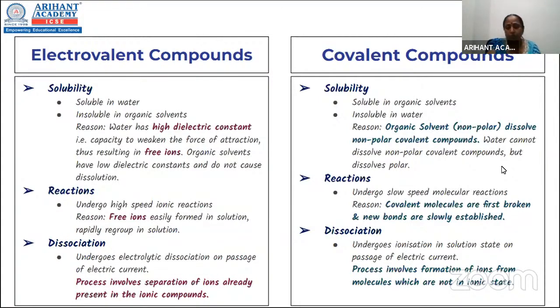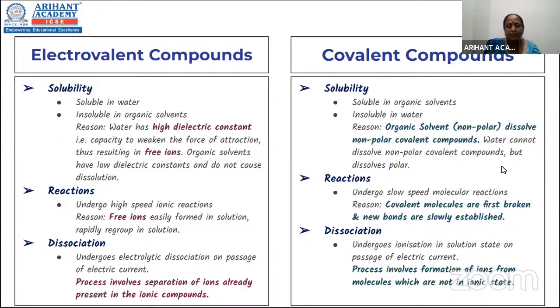Let's go to the last part of the chapter, which is we are talking about reactions. Free ions are easily formed in solution, okay, and they regroup when it's an ionic compound. So ions were already there in an electrovalent compound, plus minus charge was already there. Water separated it. So when there's a reaction, these charged ions will go and attach somewhere else.